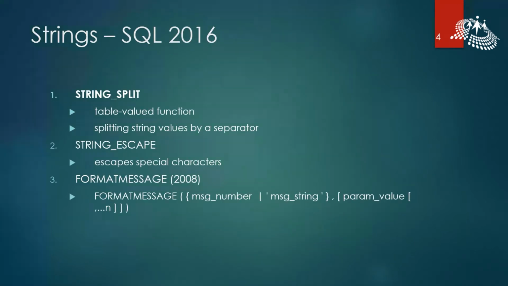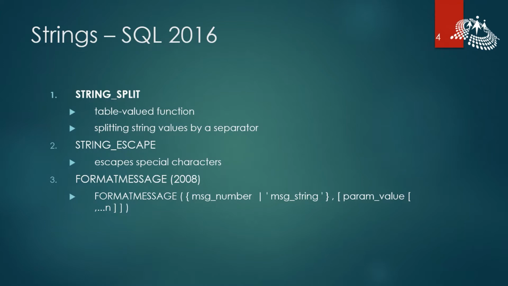So strings were new from SQL Server 2016. You have, for example, STRING_SPLIT, and it is a table-valued function for splitting string values by a separator. It has multiple usages. For example, you can use it for parsing an input parameter of a stored procedure or something else.